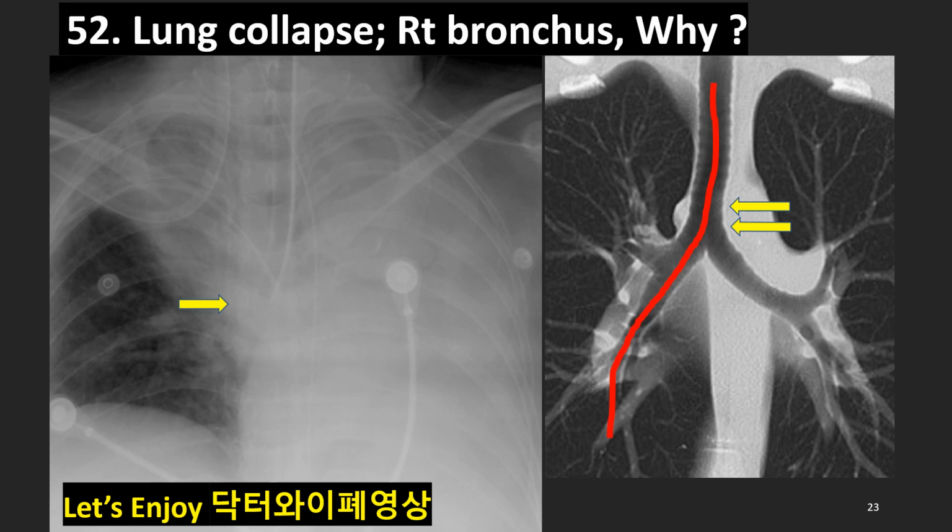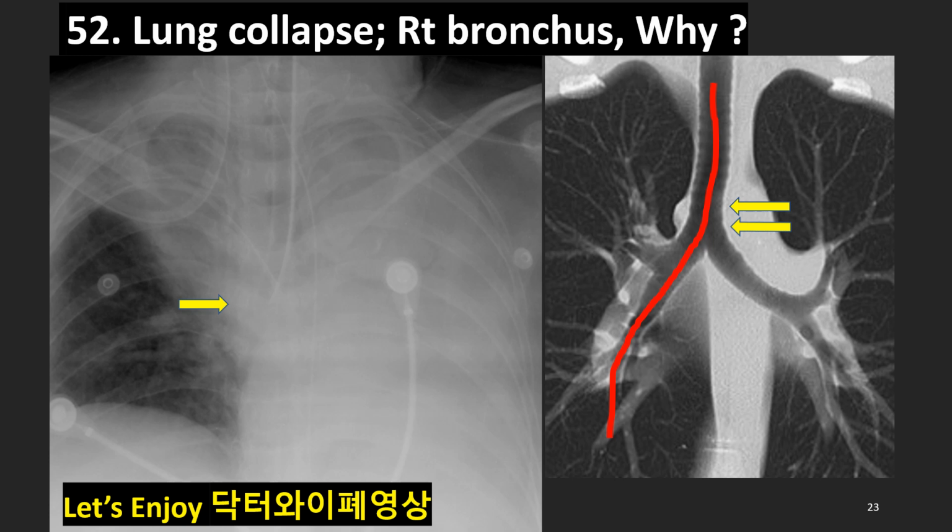On your right side, the two yellow arrows show us why the tracheal tube is usually heading to the right side at the carina position, then to the left side, because at the distal trachea, the aortic arch compresses the distal trachea from the left side.